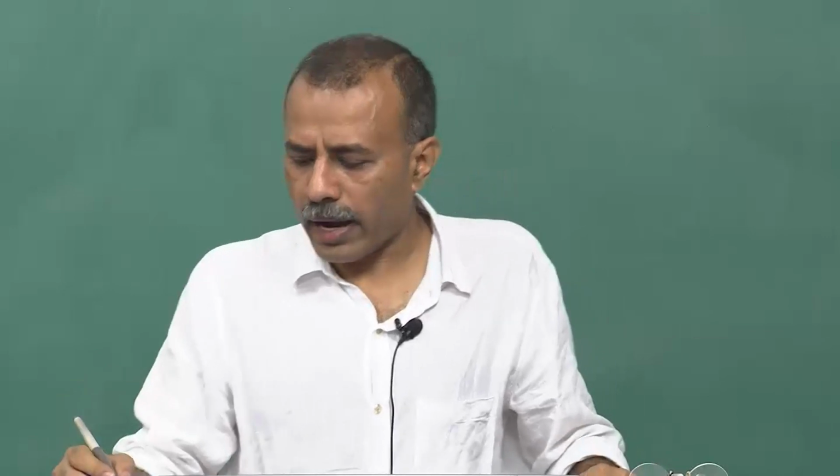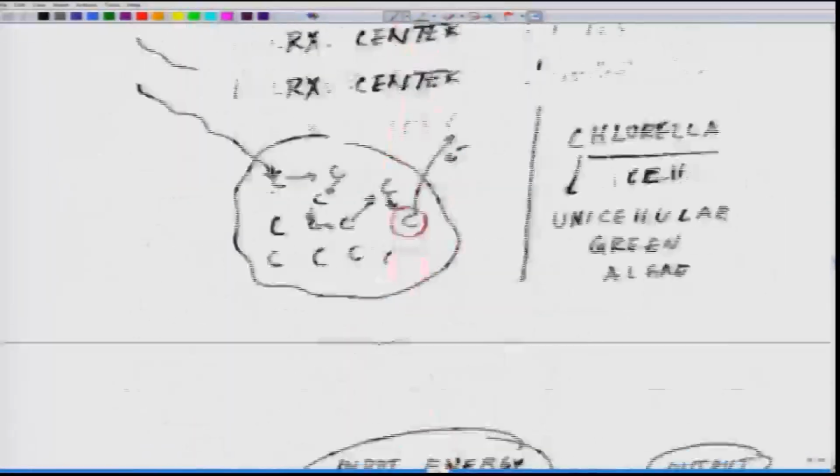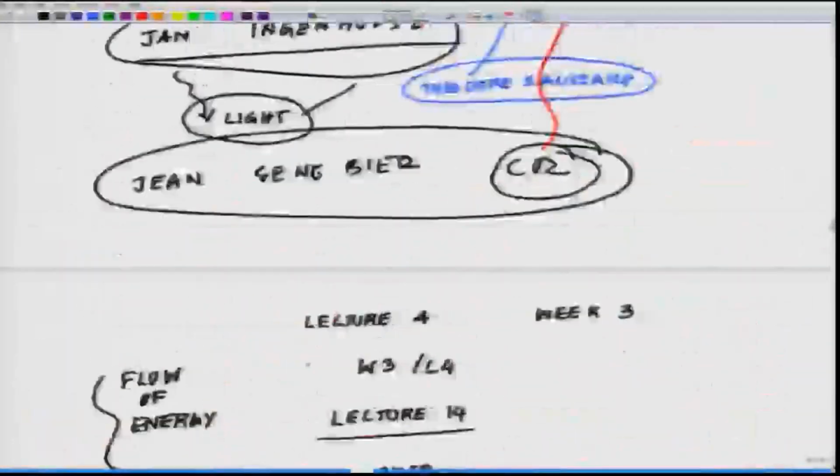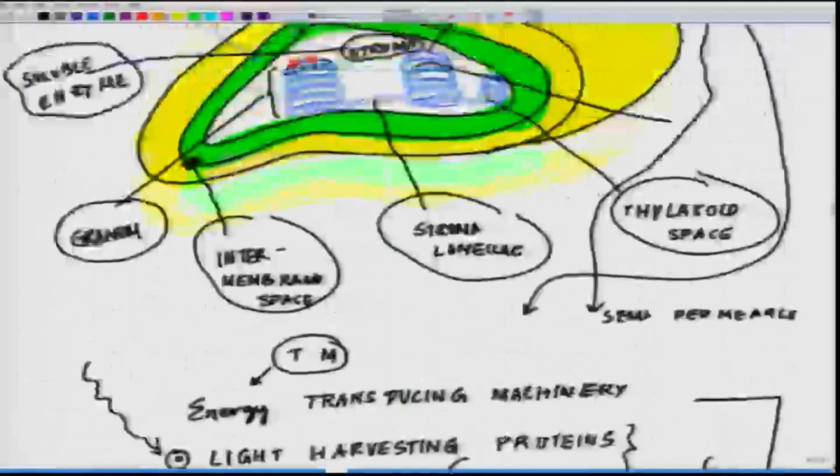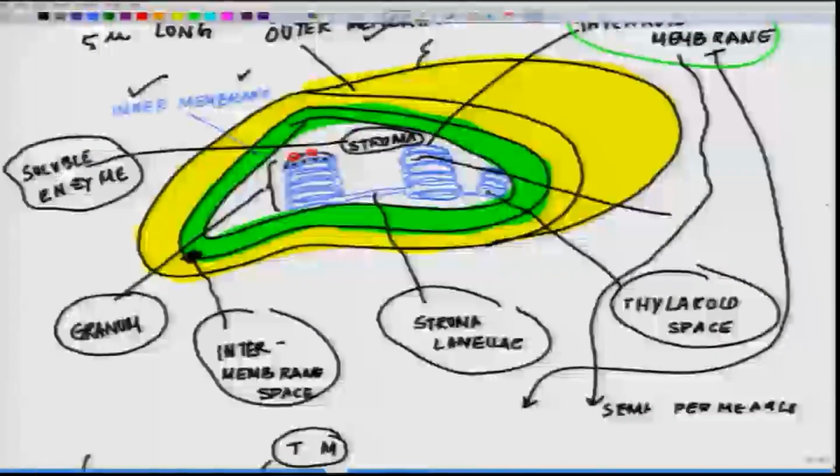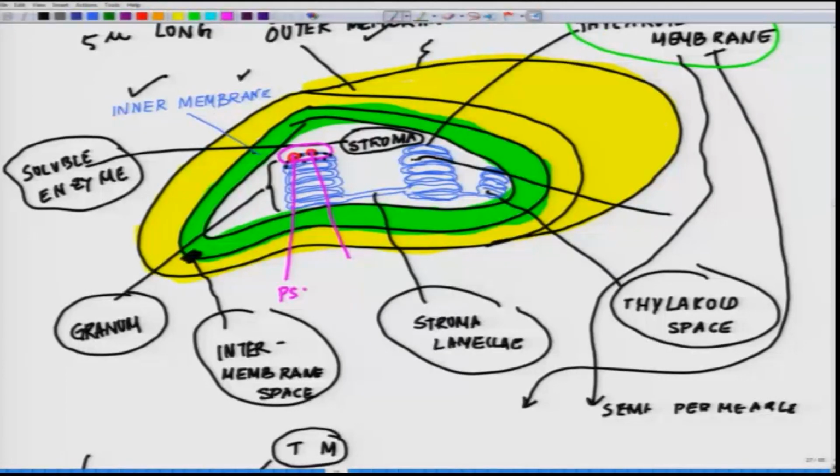So if you go back, let me go back, and yes, out here. Now if you look into this picture carefully, this is where the photosystems are placed. So out here there are two unique centers called photosystem 1 and photosystem 2.